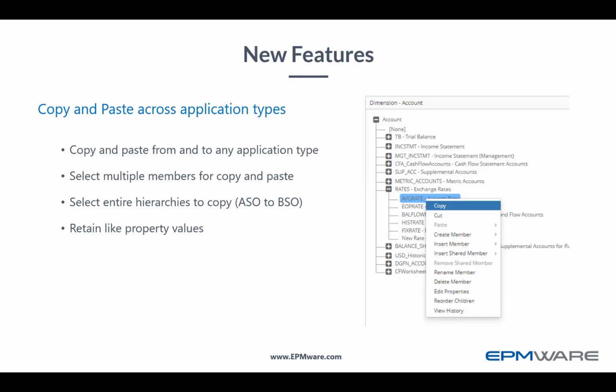So we have it set up where you can basically copy and paste across all different kinds of applications, and individual members, the entire hierarchy, or whatever the case may be. I think one of the prominent use cases here was to be able to copy entire subsets of hierarchies from ASO to BSO.